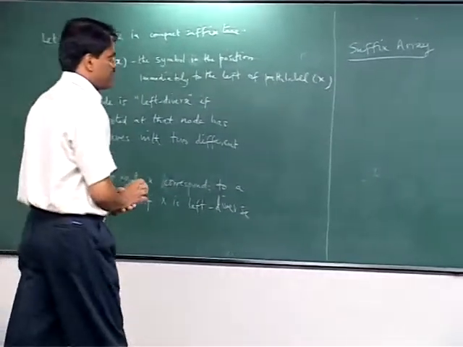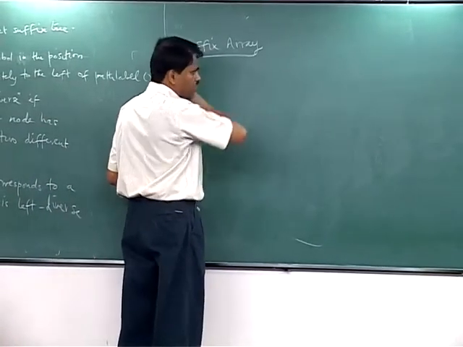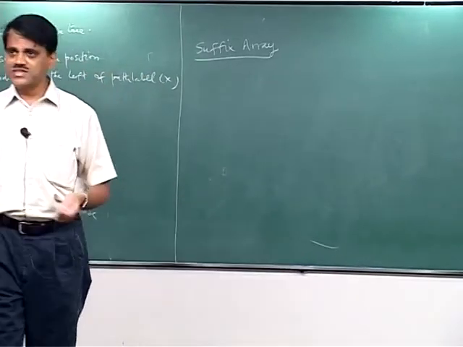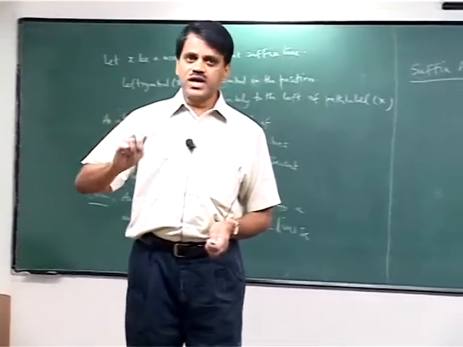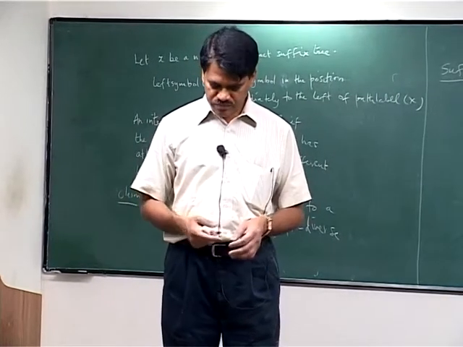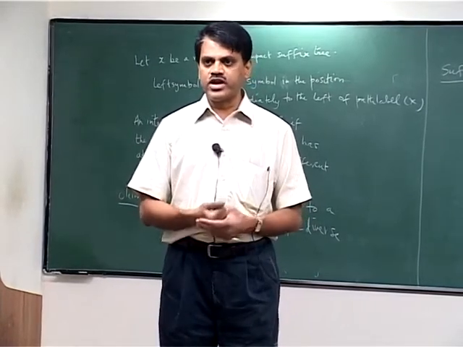Suffix array is the following. Basically, how many suffixes are there? We already saw, there are n suffixes. Start at a position, go all the way to the end, and that's n suffixes, right? Sort this whole thing lexicographically.